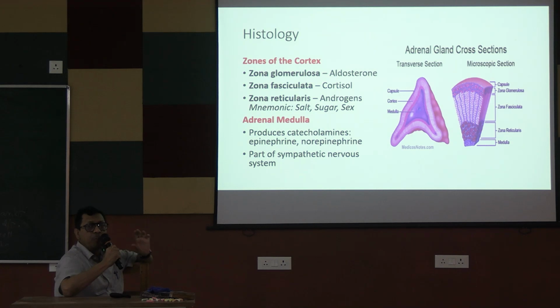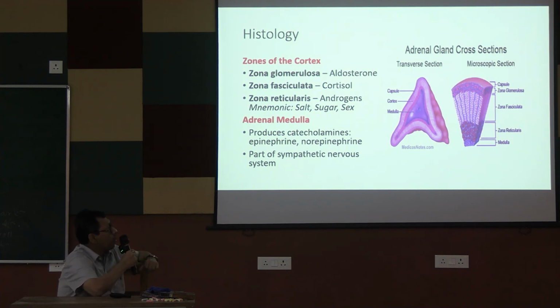Actually, it has got two parts. One is the cortex and another is the medulla. The cortex is developed from the mesoderm and the medulla is developed from the neuroectoderm. So it is a gland which has got multiple functions and multiple secretions in relation to the clinical practice.